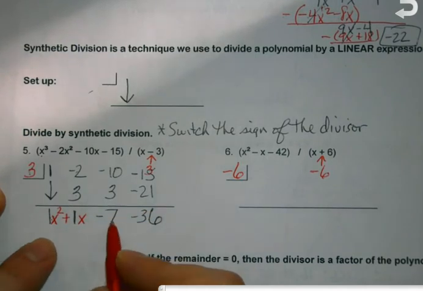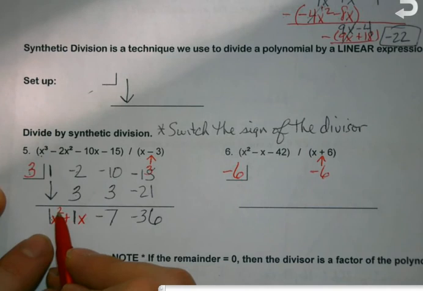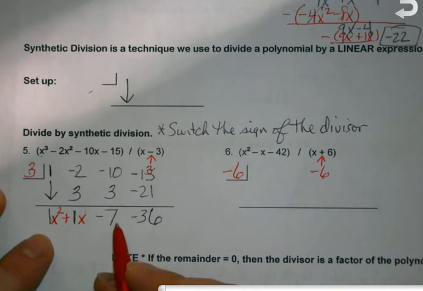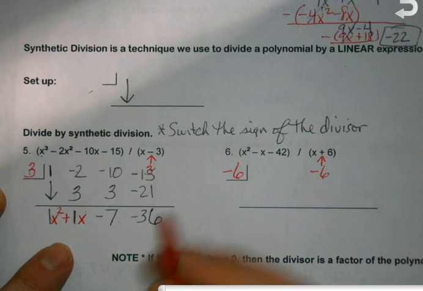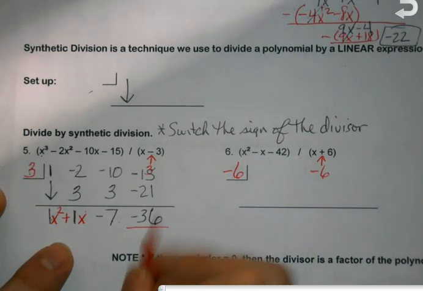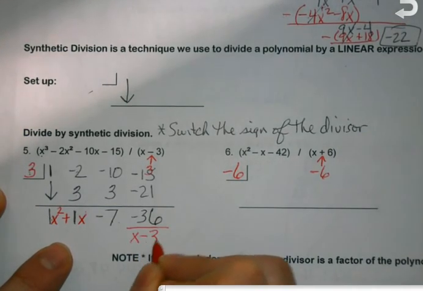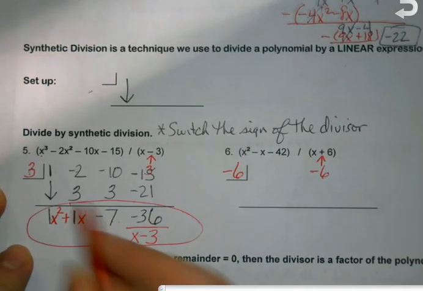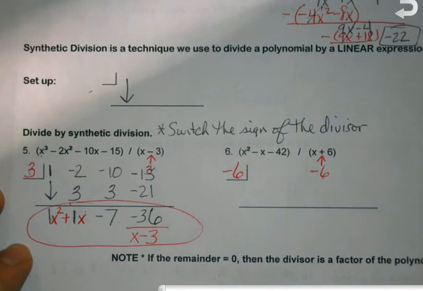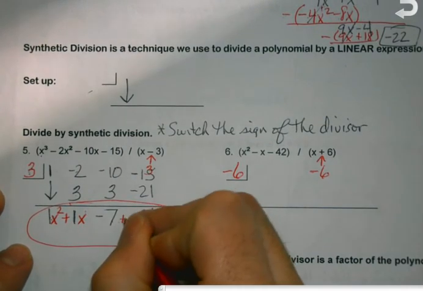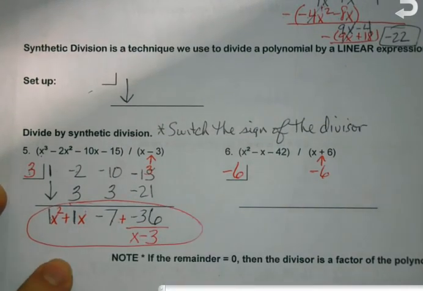Then I don't have a variable anymore because I've gone from 2 to 1 to 0. That means that's the remainder, which means we just put the x minus 3 over it. I can put the plus in there still if I want to, but if I don't, it's not going to be incorrect.